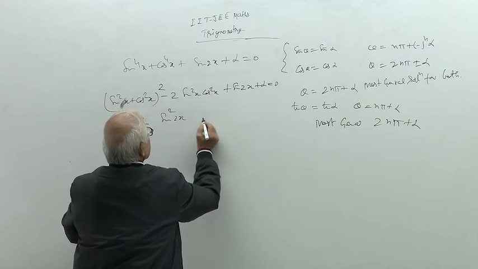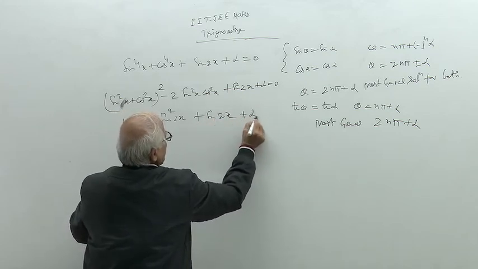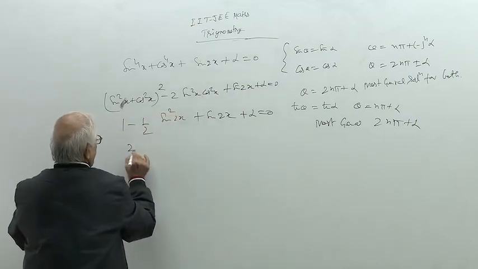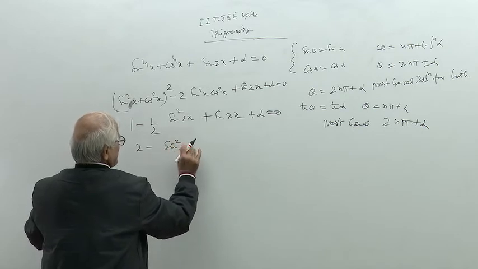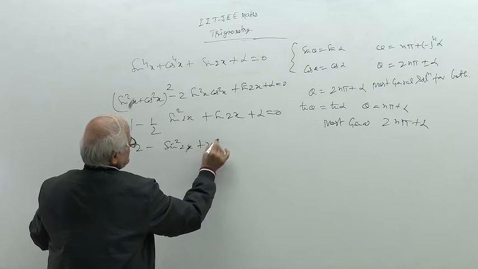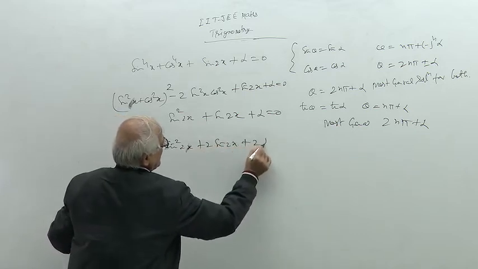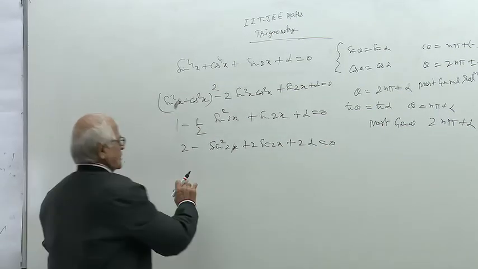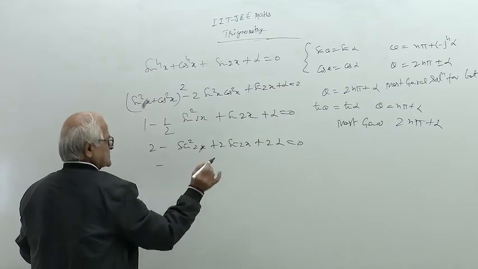Now what is this now? This is sin 2x and this is what? Alpha. Now take the LCM, we have sin 2x, here we will have 2 alpha is equal to 0. Now solve this equation. Now change the sign.